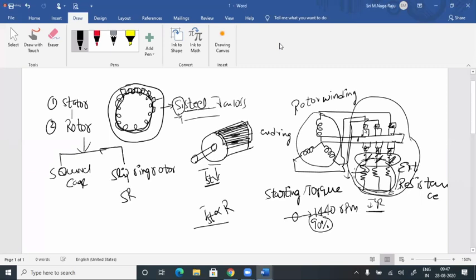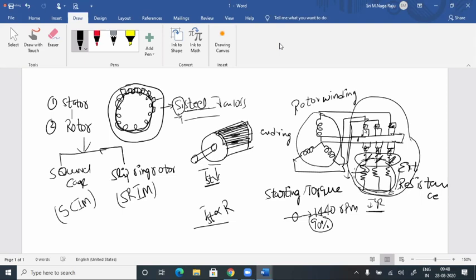The motor which uses this rotor is called SRIM, slip ring induction motor. Where we require good running performance, we use the squirrel cage induction motor. For the squirrel cage induction motor, starting torque is very low, but it has good running performance.